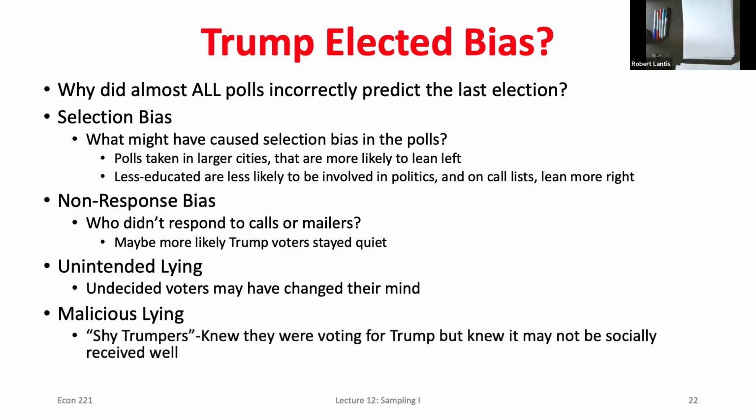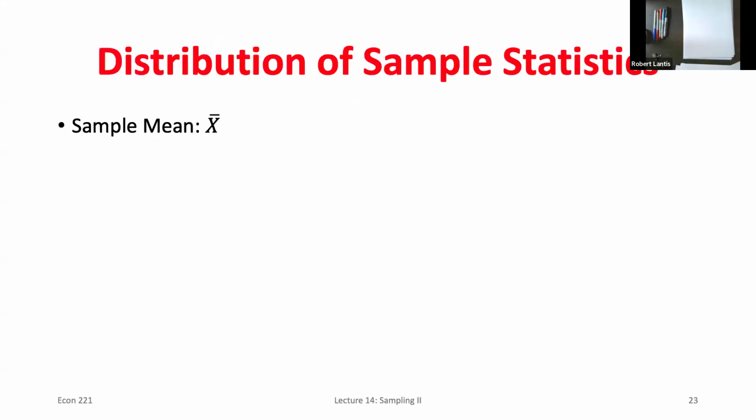Then there's malicious lying. There's a paper I read that coined the phrase shy Trumpers: people who knew they were going to vote for Trump but knew it's not received socially very well, and so they just said they were going to vote for Biden. They don't care about some political poll. They're not going to stick their neck out just to say they're going to vote for Trump when they know it's not well received socially.